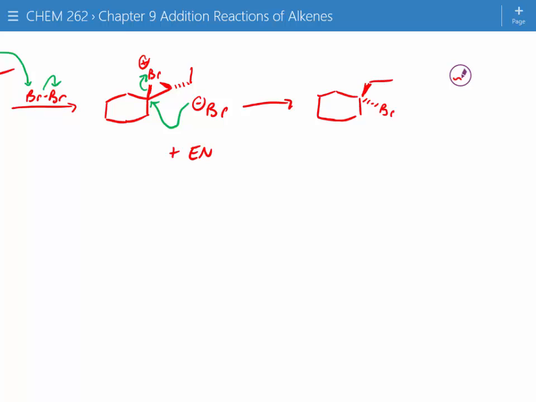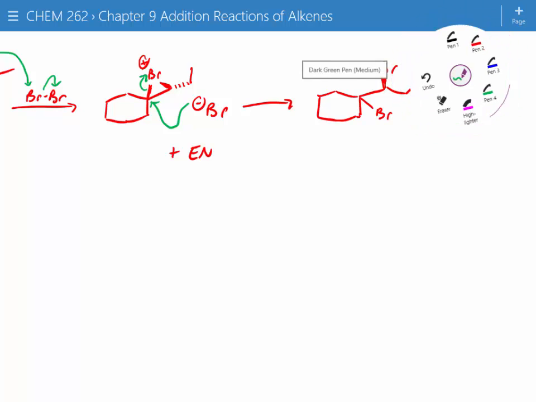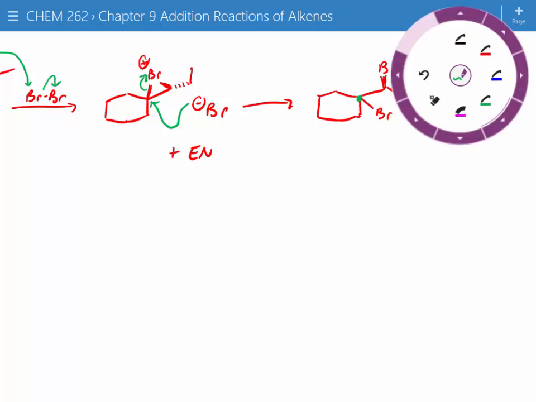Let me draw this a little bit differently. Sorry, guys. In this case, the carbon shown in green there is not a stereocenter, so we don't have to worry about dashes or wedges, but do we have to worry about an enantiomer?